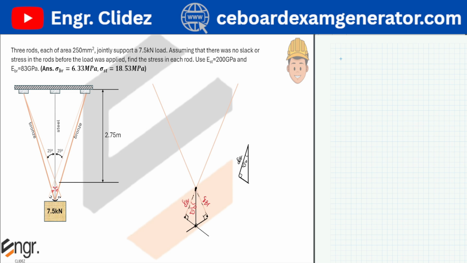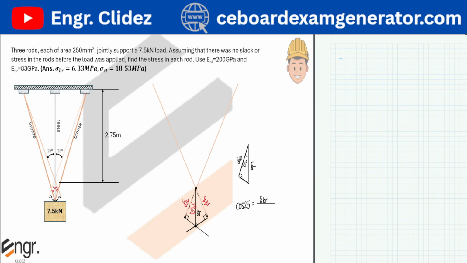From this initial point, the total vertical deformation is this line. So we can label this as deformation total or delta t. And using the cosine function, we can obtain an expression for the total deformation. So we have cosine of 25 degrees is equal to the adjacent side of the reference angle, which is delta bronze, divided by the total deformation.